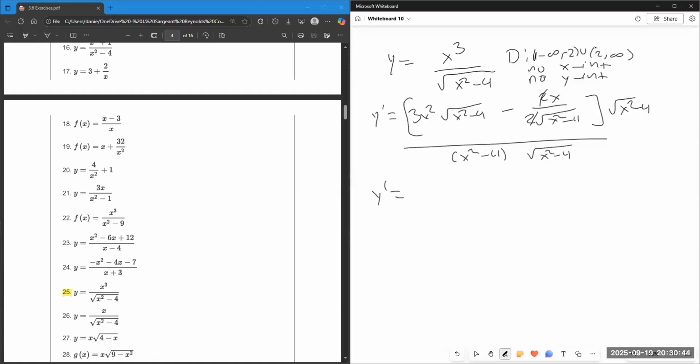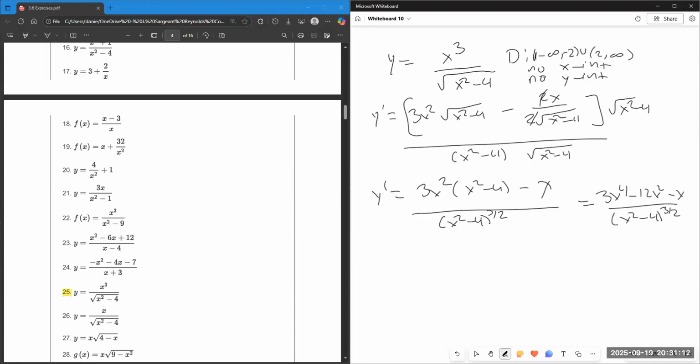I get y prime is equal to 3x squared times x squared minus 4 minus x over x squared minus 4 to the 3/2 power, which is 3x to the 4th minus 12x squared minus x over x squared minus 4 to the 3/2 power. y prime is x times 3x to the 3rd minus 12x minus 1 over x squared minus 4 to the 3/2 power.